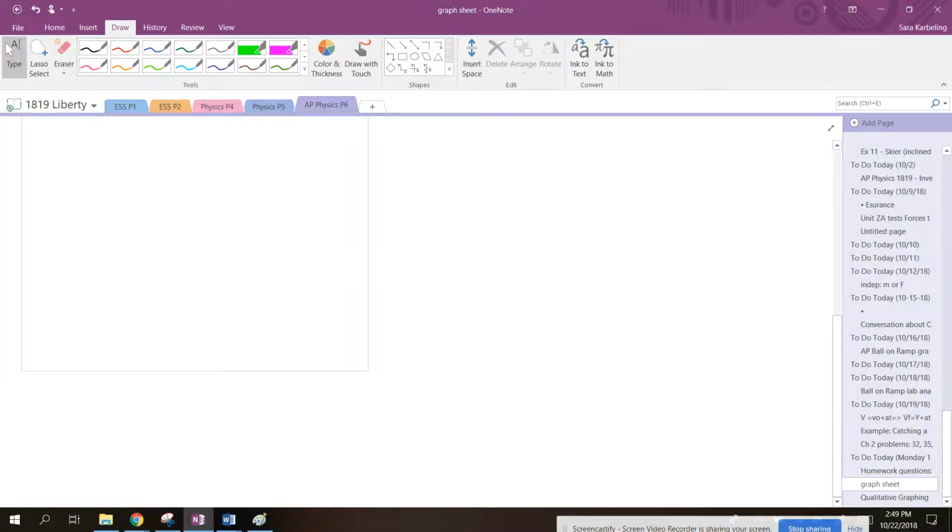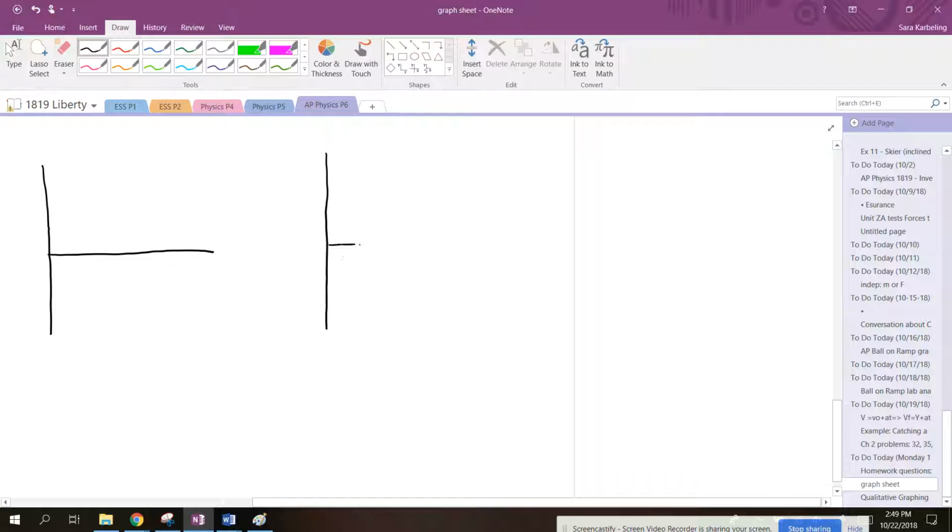You can also move back to the left, and I just want to make sure that you understand this because it's important too. Zoom in a little bit here. So I'm going to draw a displacement, velocity, and we'll do acceleration later.